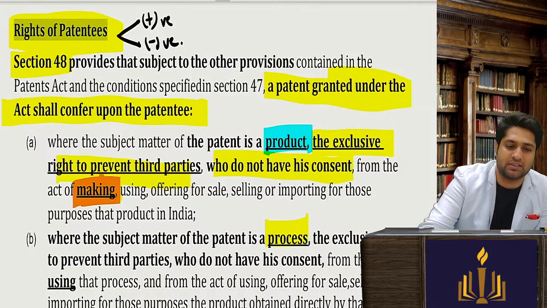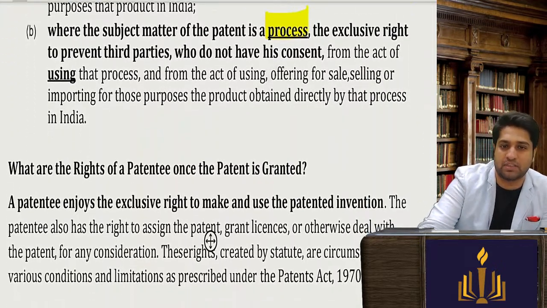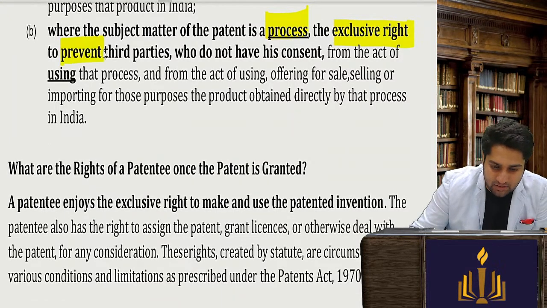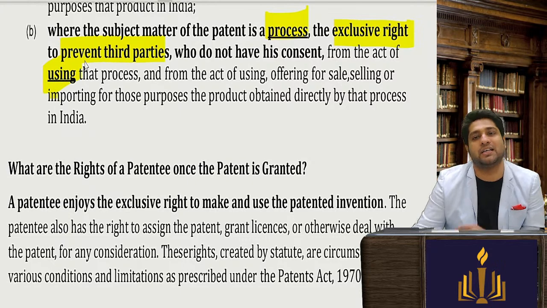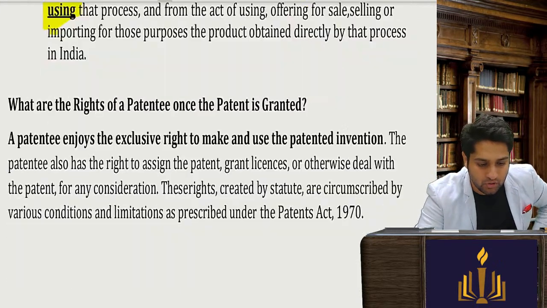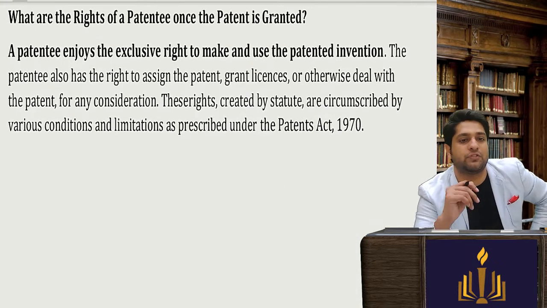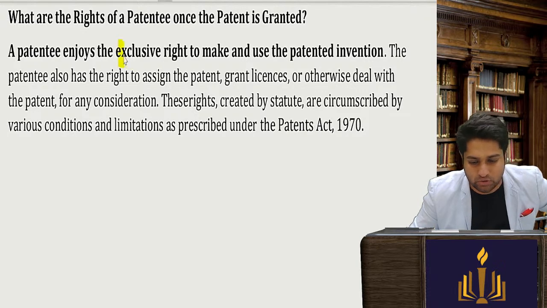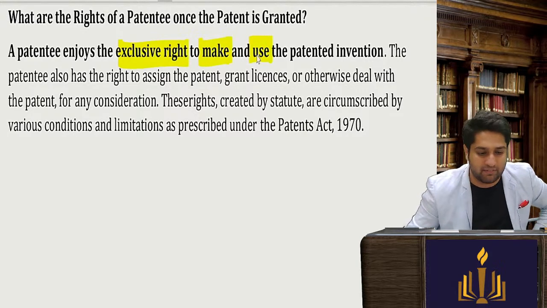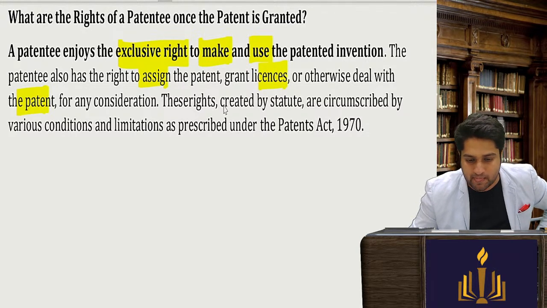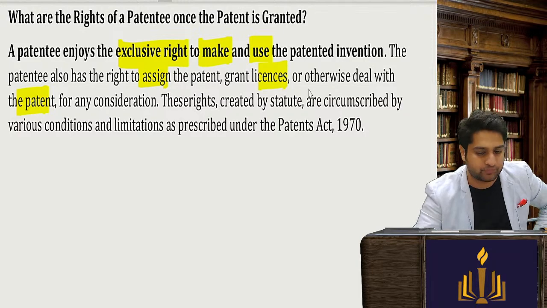The words are different, the concept is the same. With respect to the exclusive right to prevent a third party from using it, just the language is different but the content inside is the same. What are the rights of a patentee once the patent is granted? They enjoy exclusive right to make and use the invention, assign it, grant licenses, and deal in the product as they want for any consideration.